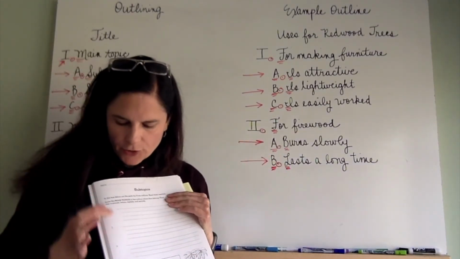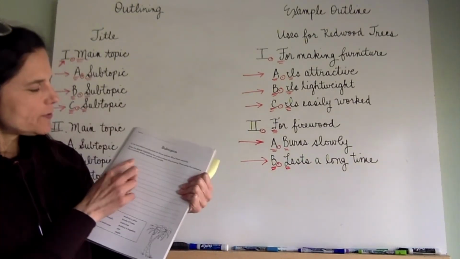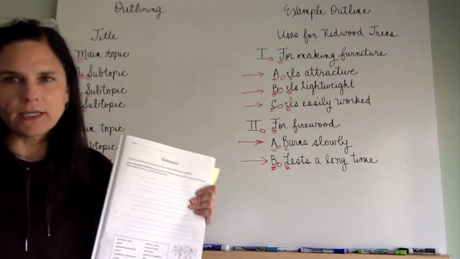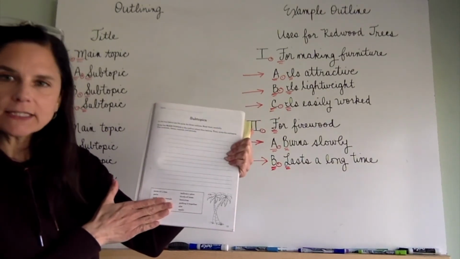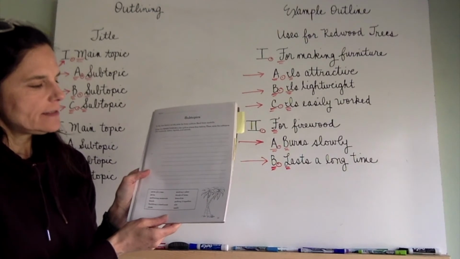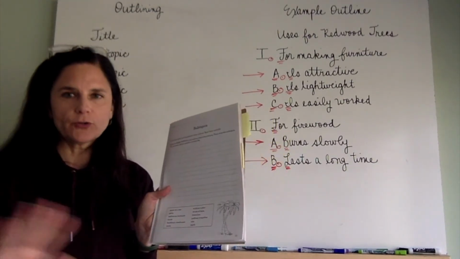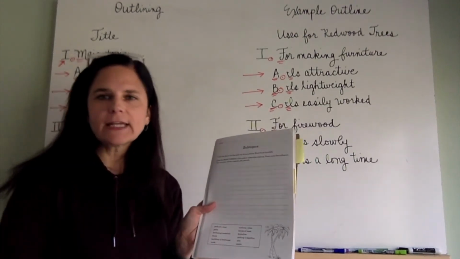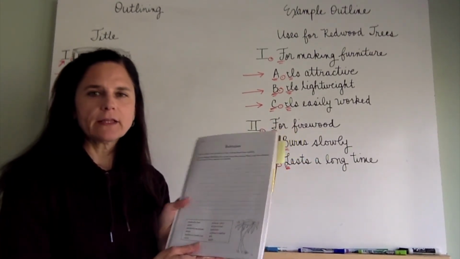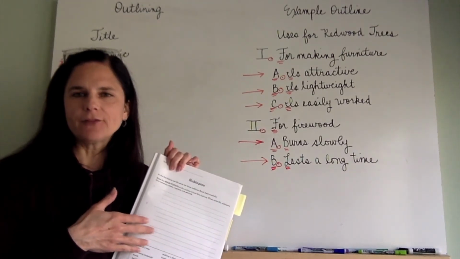So you're going to put in your main topics as Roman numerals, and then your subtopics as A, B, and C. So complete this using the correct outline format, and then when you're finished and you've double-checked everything, you've made sure that you've included all the capital letters, periods, you've indented correctly, then go ahead and check yours against the key that I have in RenWeb.